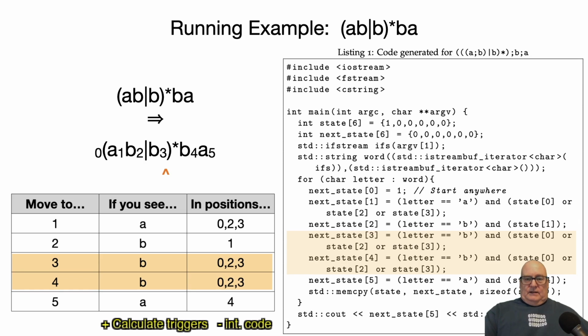And if I look at these rows here, the shaded ones, I'm saying next state of 3. Could I go to state 3? Yes, if the letter is B and the state is already 0, 2, or 3. So that's the first line of those orange lines. And then the next line is, could I go to state 4? Yes, under the same conditions. So it's just a very direct encoding of this table.